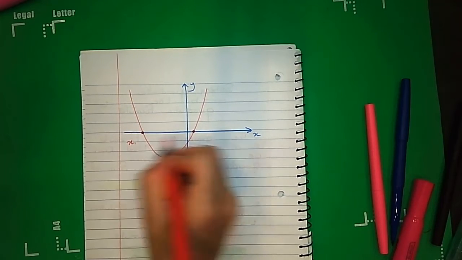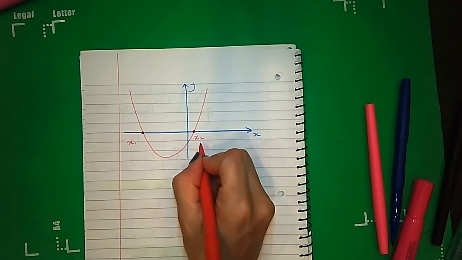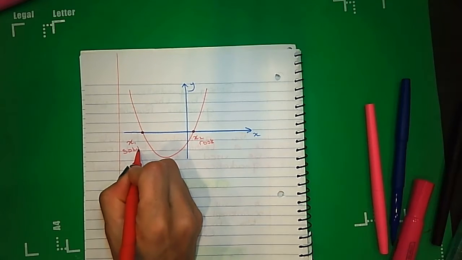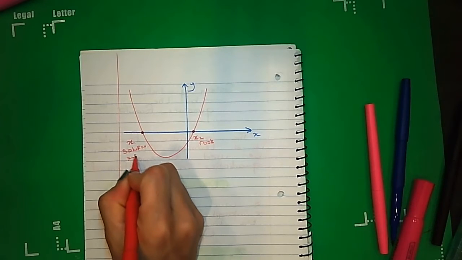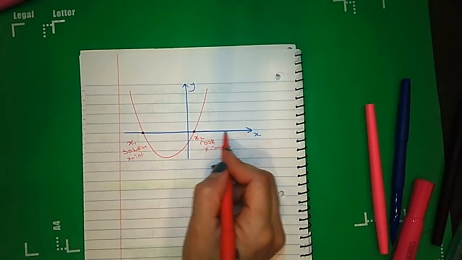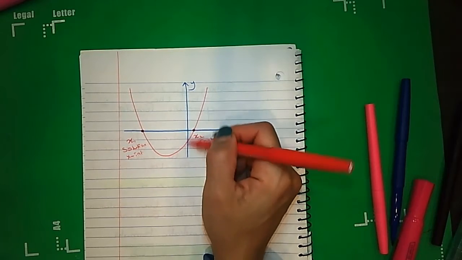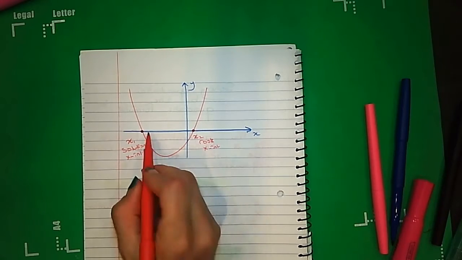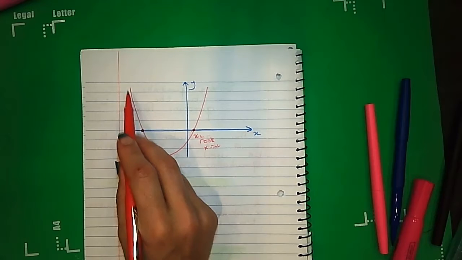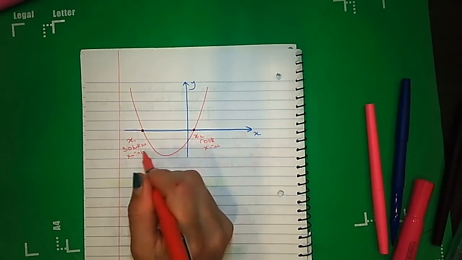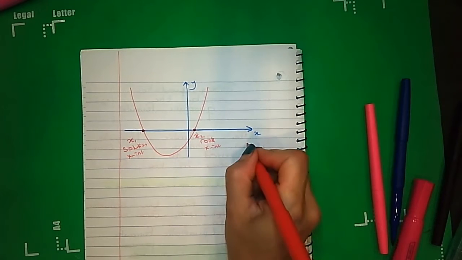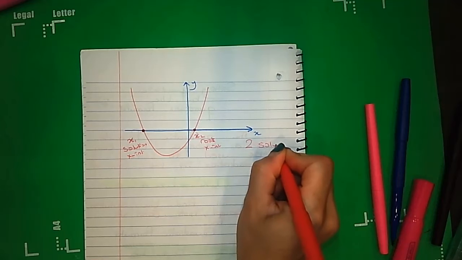That's x1, that's x2. These are the roots, or the solution, or the x-intercepts of the function. And remember, when we talk about x-intercept or solution, that means the y value is 0. So how many times does that quadratic function touch the x-axis? It touches twice. That means I have 2 solutions.